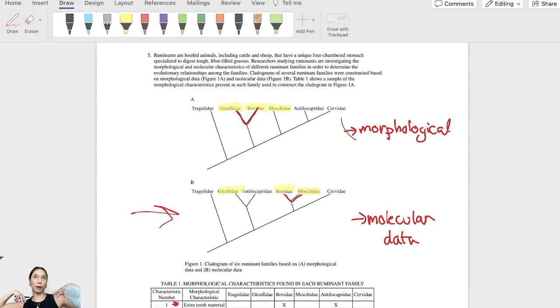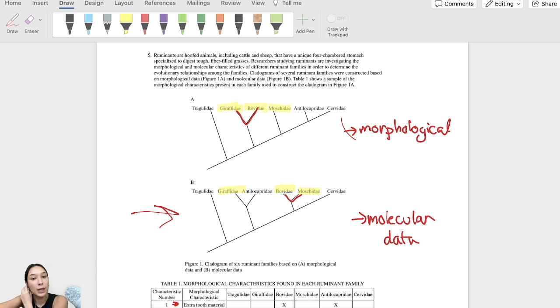Because for convergent and divergent evolution, you have two organisms that are not closely related but resemble each other. They may morphologically look similar, like our sugar glider and our flying squirrel example. They are not evolutionarily closely related, even though they look very similar. That's convergent evolution. So that is why you can't go off morphological data.